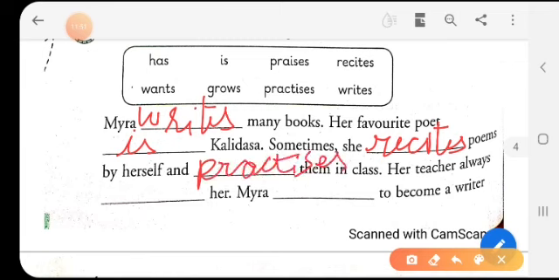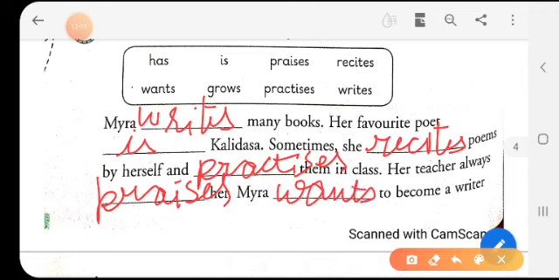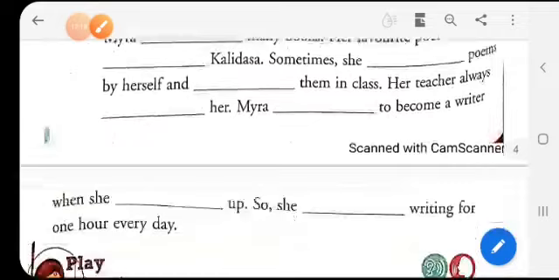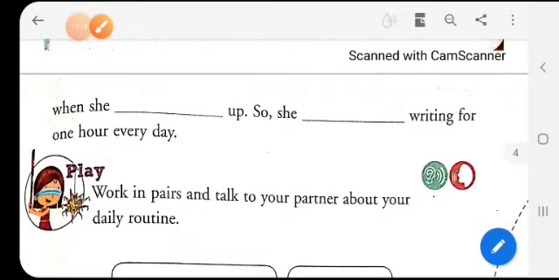Her teacher always praises her. Myra wants to become a writer. So I hope this is clear and you will do the rest of the blanks.